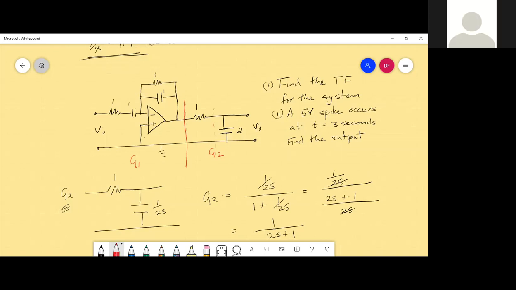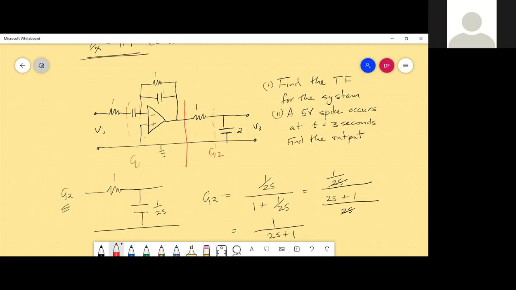You mean here? No, right in front of the capacitor, right where the virtual ground is. You mean here? Yes, sir.